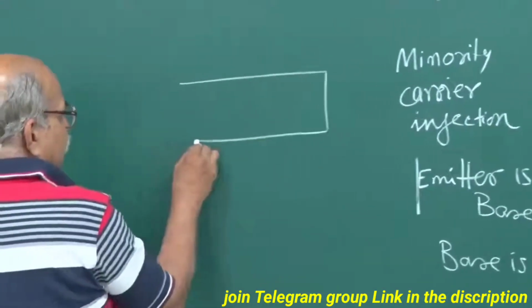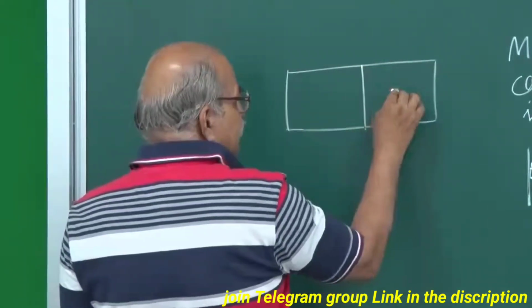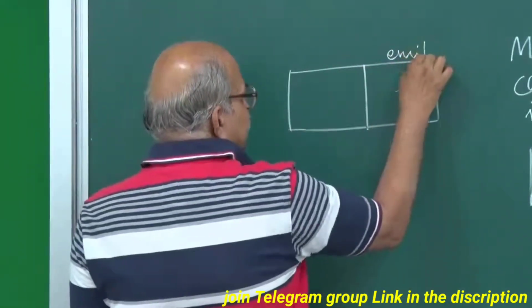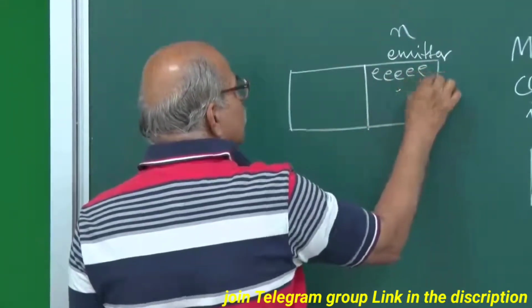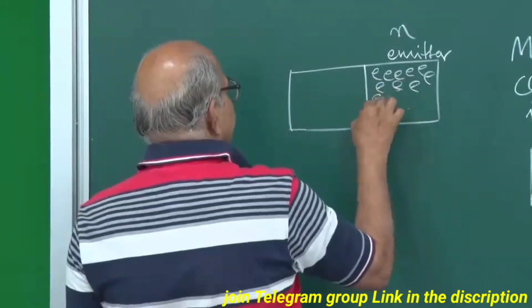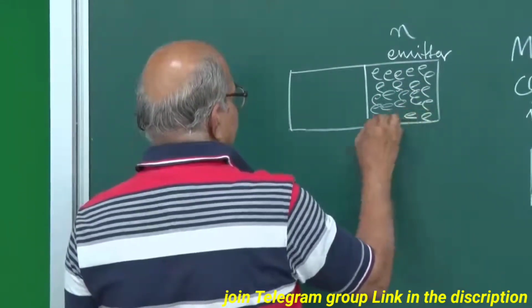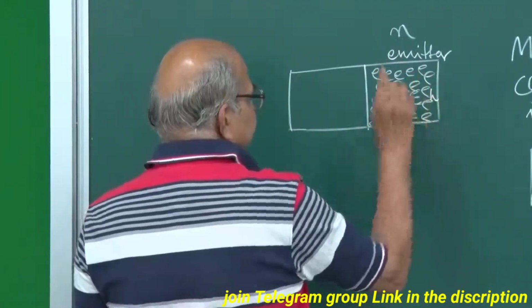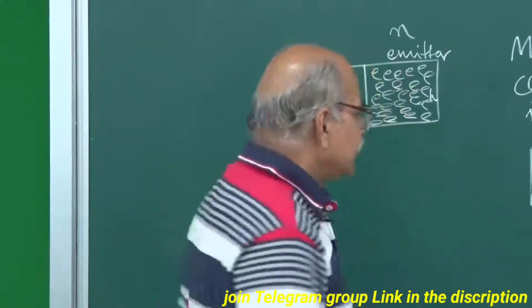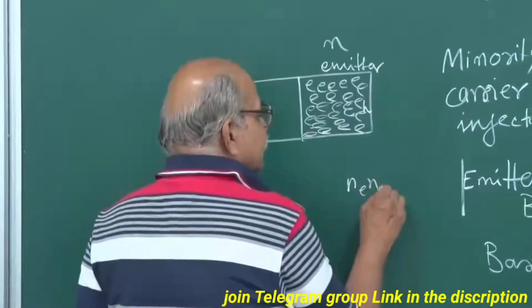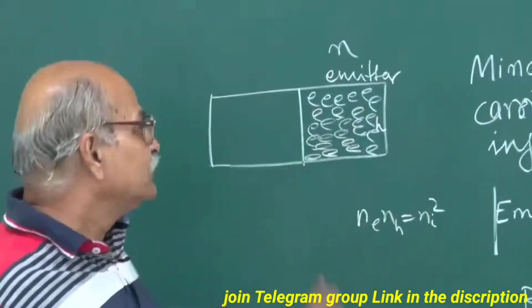So now the situation is something like this. First let us think of this first junction. This is emitter, which is N-type, which is heavily doped. That means there are a lot of electrons there, and a very small number of holes. Remember, Ne into Nh is Ni square. So if one is very large, the other is very small. That is one.